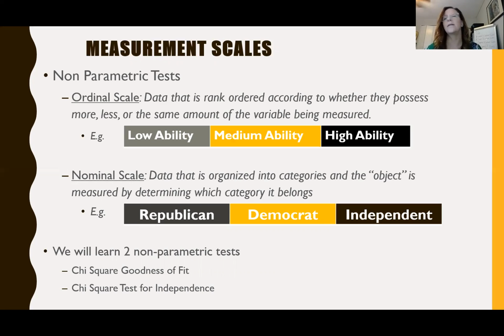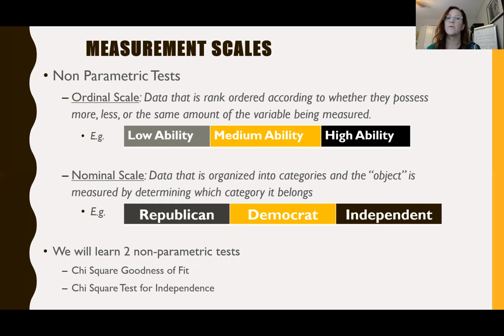So if I said, how confident do you feel in your ability to calculate statistics? And I said, here are your choices: low ability, medium ability, high ability. You're going to choose one of those categories, and it's basically a tally mark. Okay, I have 5 people who have a high ability, 5 people with a medium ability, 5 people with a low ability.